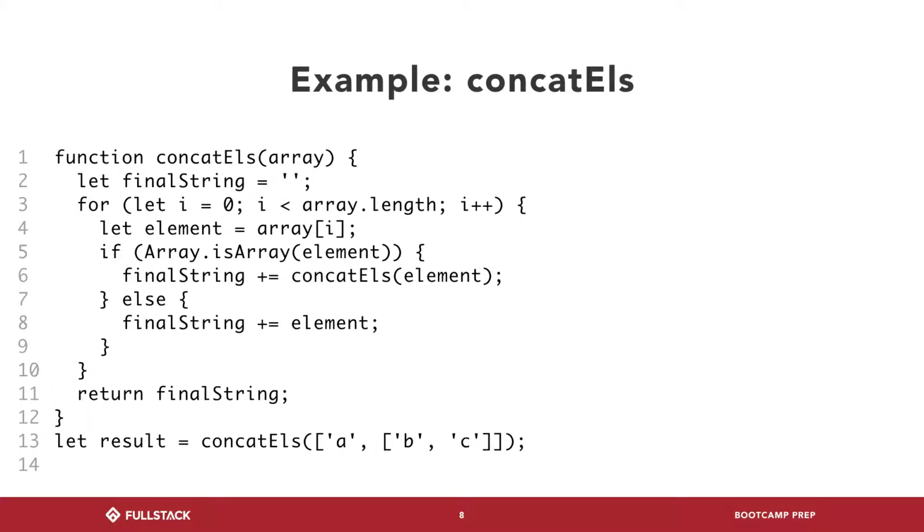In the middle, we check for each element in the array: if the element is not an array, aka if the element is a string, we just add it to our final string, exactly like we were doing before, right? Now the nuance is, hey, if something is an array, let's call ourselves on it. We'll pass ourselves the element that's an array, and that's going to return what? What is this going to return?